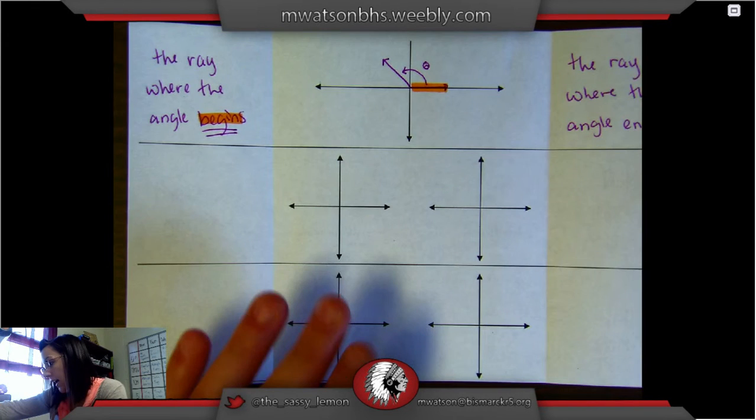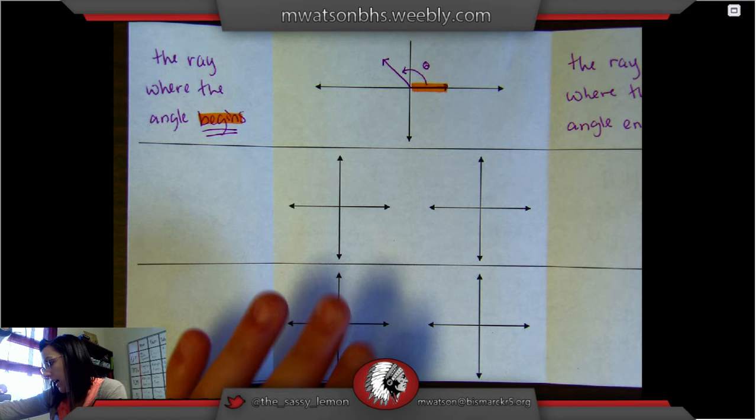And if you can guess, the ray over here is the terminal side. That's where the angle ends. And using those terms is just helpful whenever we're discussing an angle, if you know what we're referring to when we say the initial side, where it begins, or the terminal side, where it ends.